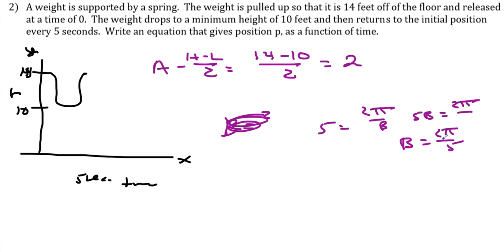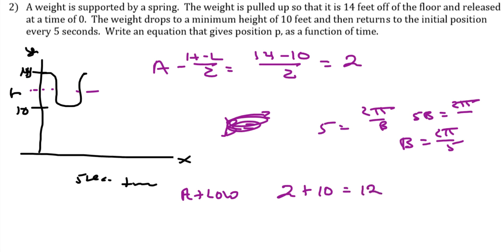The next thing we need to do is find how much we translated it up. Again, you can find your equilibrium right here at 12, so we know we went up 12. But we can also use the formula amplitude plus low. My amplitude is 2, my low is 10, so my D is 12.